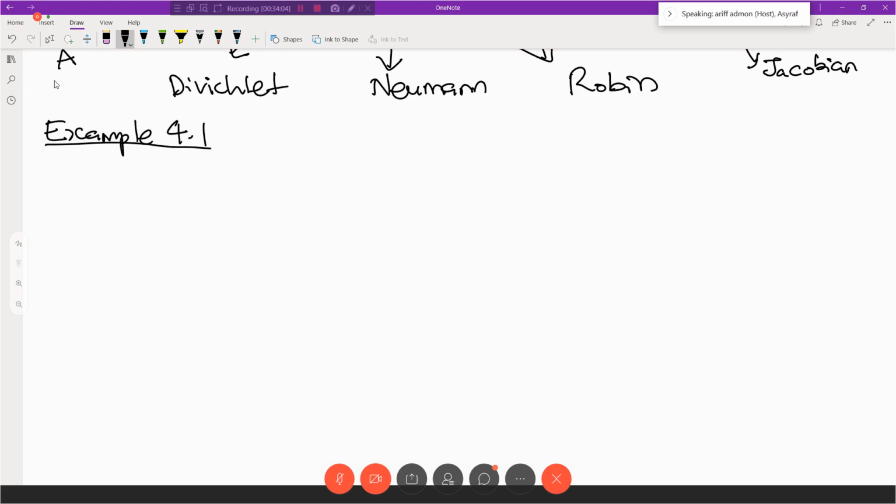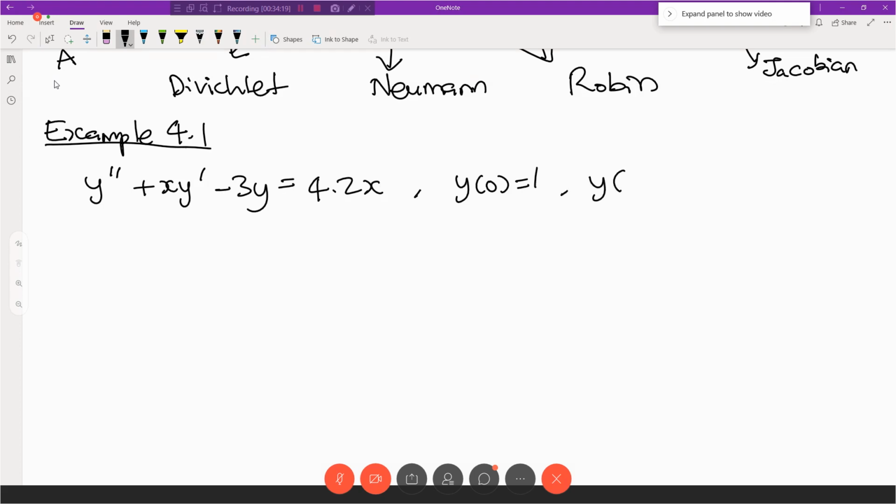The question is y double prime plus x y prime minus 3y equal to 4.2x. The conditions are y(0) equal to 0 and y(1) equal to 1, with h equal to 0.25.